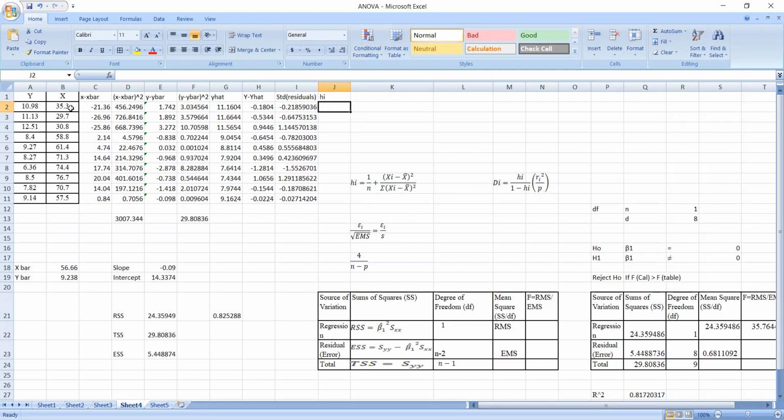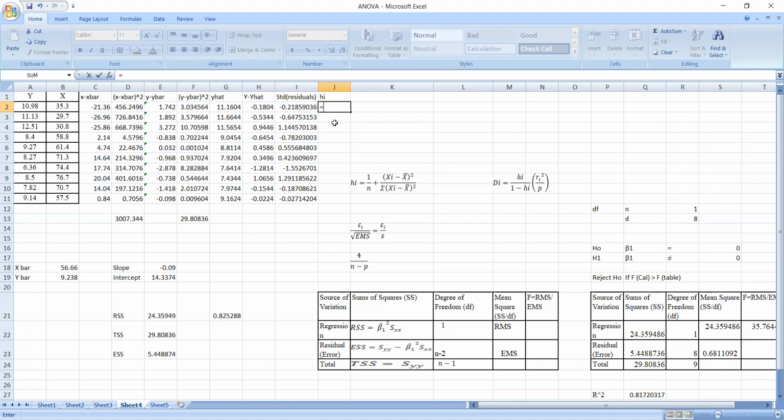If you look at the data set, we have 10 observations. So in this case, our n value is 10.